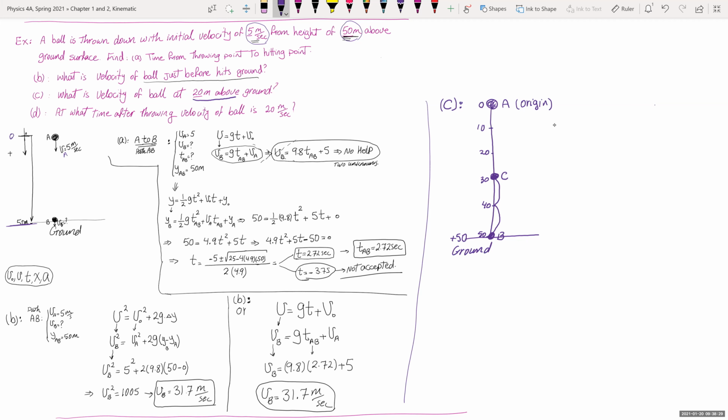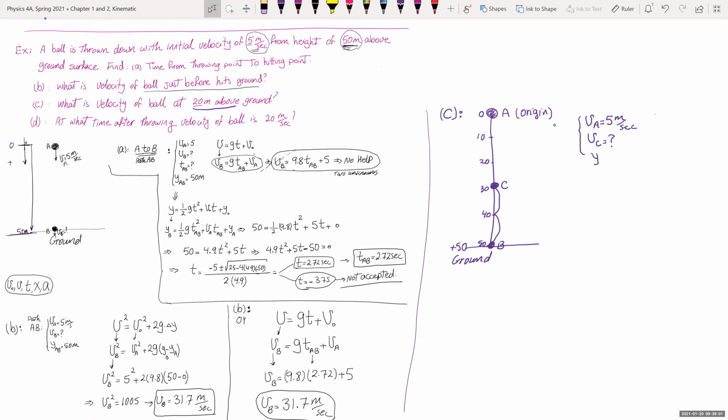Okay, so let's write the knowns and unknowns. The initial velocity at point A is 5, correct? They want me to find the velocity at point C. And I do have, pay attention, the final position of the ball in the path of AC.